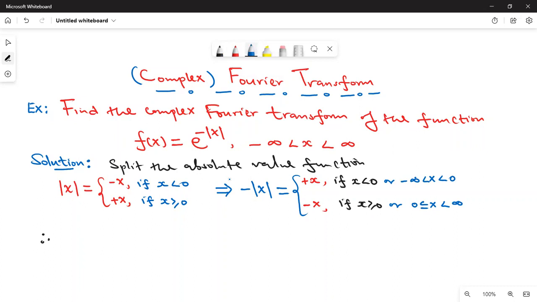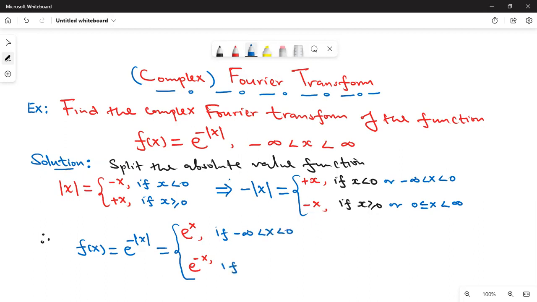So therefore, our f of x, which is simply the exponential of negative absolute value of x, can now be written as exponential x or exponential negative x. It is exponential x if, not 0, we start from negative infinity, if negative infinity is less than x less than 0.